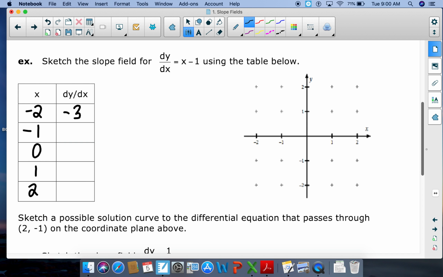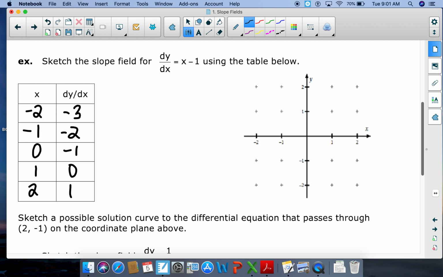So at any time my x is -2, my slope is going to be -3. If my x is -1, my slope would be... 0, 1, and 2. So I know anytime my x is 0, this is going to be my slope. Anytime x is 1, this is going to be my slope.